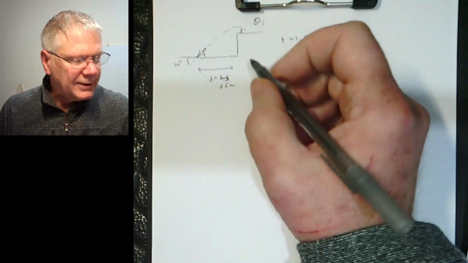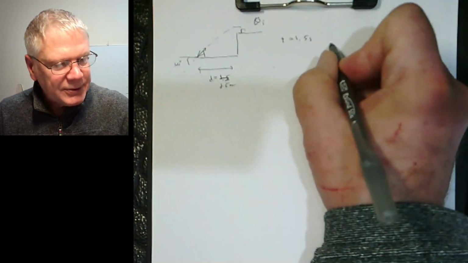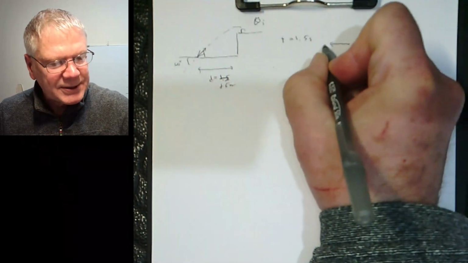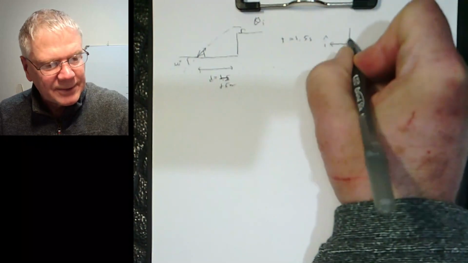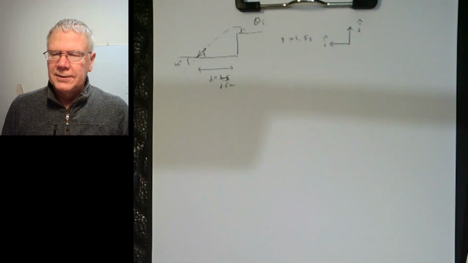So we're moving to the left, so I'm going to use a coordinate system with my positive i direction to the left, which is not our standard common one, but there's nothing wrong with doing that.